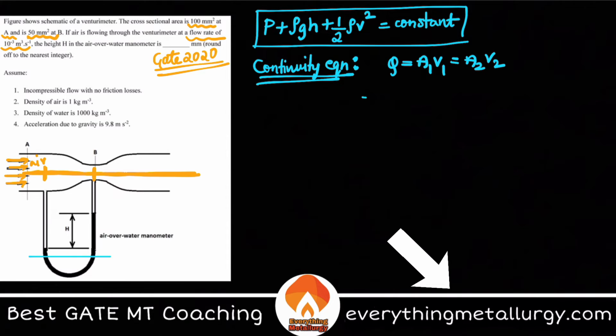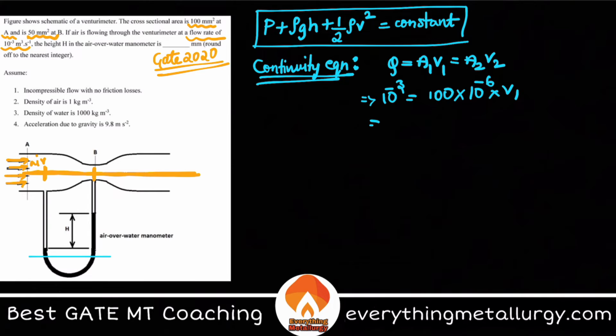So Q is given as 10 power minus 3, equal to A1, which is 100 mm square at A. If you convert it, you get 10 power minus 6 into V1. From this, V1 is equal to 10 meter per second. Similarly, you get V2 equal to 20 meter per second.